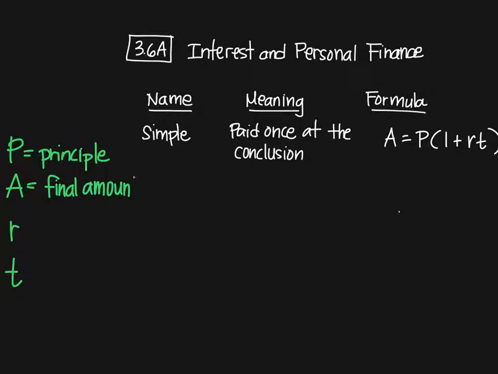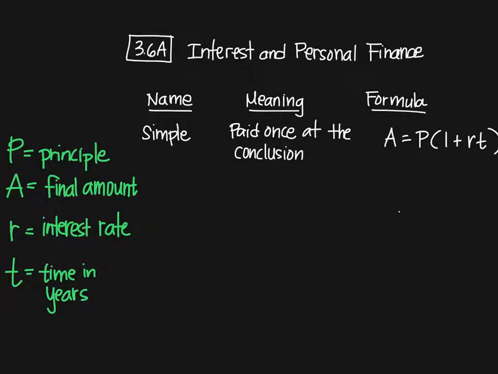So in my example, if I borrow $5, that's my principal, but I have to pay back 6. That's the final amount I'm paying back. R is the interest rate. And T stands for time, and time is always measured in years.